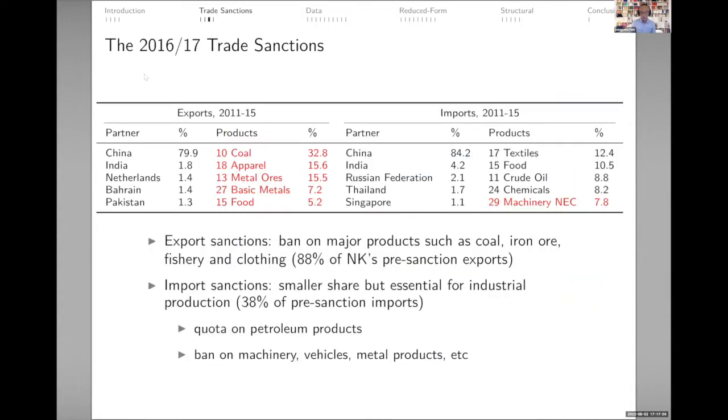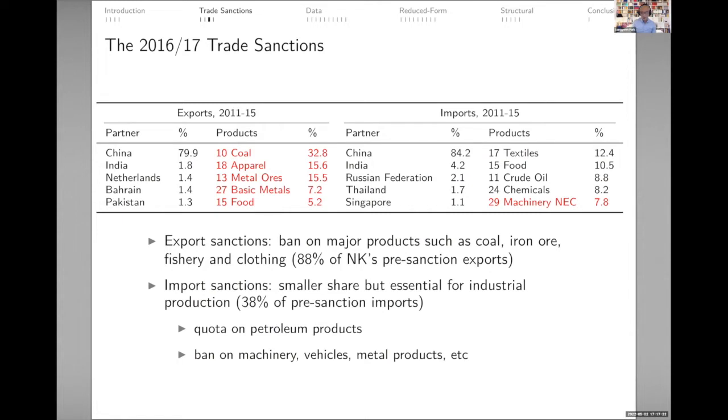So here is some more context about specifically what was banned in the UN trade sanctions. On the left, we see products that were banned under the UN trade sanctions. The sectors that were banned were specifically targeting the major sectors that North Korea was exporting. It covers about 88% of North Korea's pre-sanction exports, including coal, apparel, and metal ores.